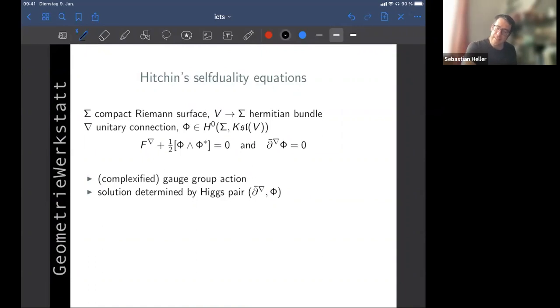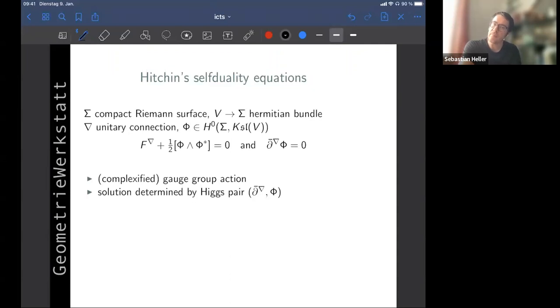So basically you can forget about the Hermitian metric, and the Hitchin-Kobayashi correspondence tells you that there's a unique Hermitian metric such that you get a solution of the self-duality equation, provided the Higgs pair is stable. So a natural generalization of the stability notion for holomorphic structures, which takes the Higgs field phi into account.